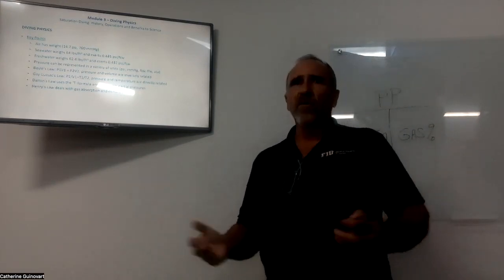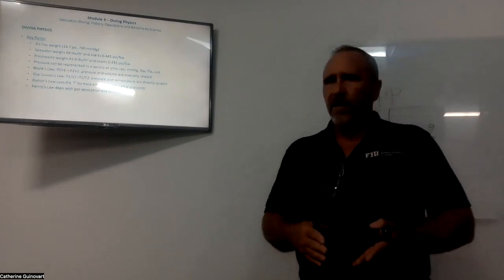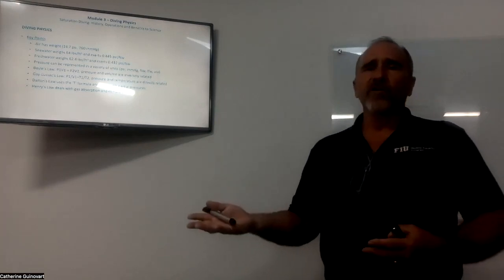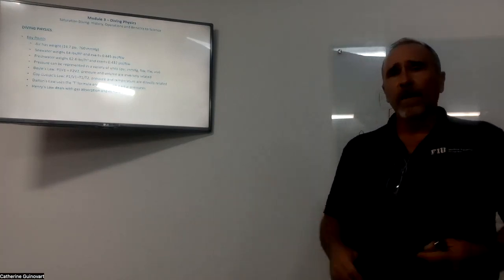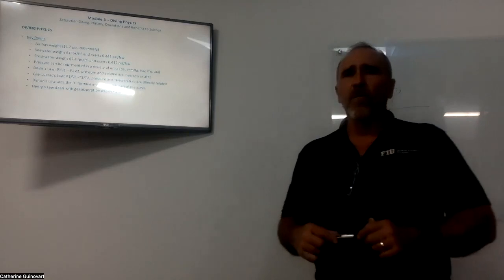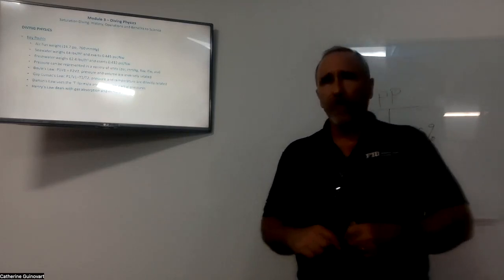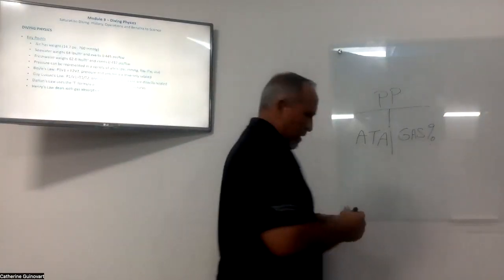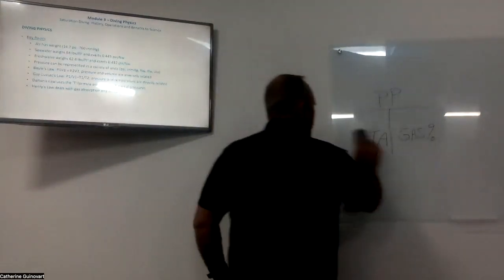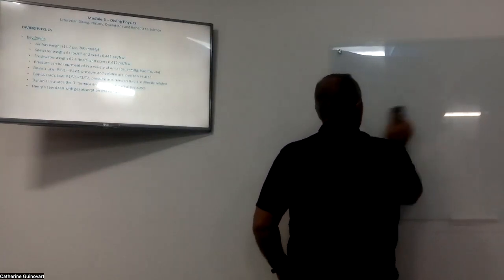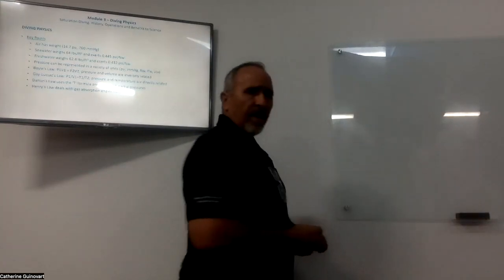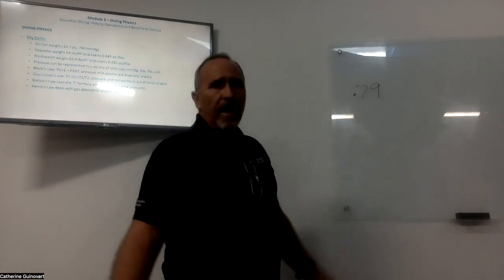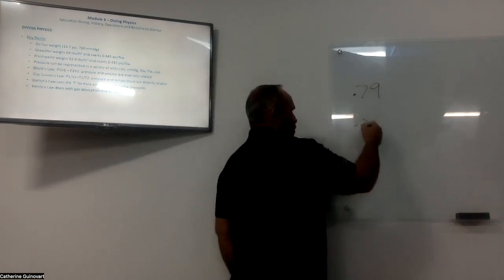Quick example, the easiest one: you have 0.79 of nitrogen and 0.21 of oxygen. If you took those numbers and multiplied them by 14.7, let's do it real quick. We have 79% nitrogen in the atmosphere, obviously, and then we have 0.21.